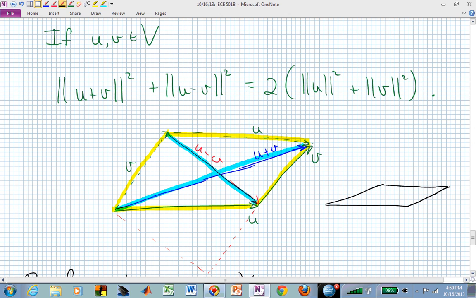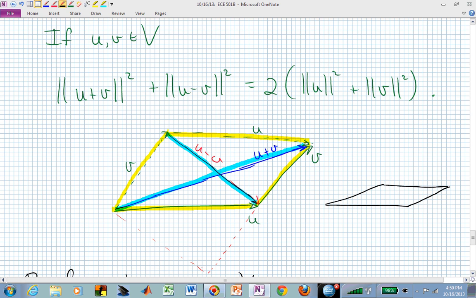But when you don't have to worry about complex, then the inner product is equivalent to the dot product that you're used to maybe thinking about with real lines and real vectors. So they are equivalent in certain cases, but in general, no, you can't say that. The inner product is a generalization of the dot product.